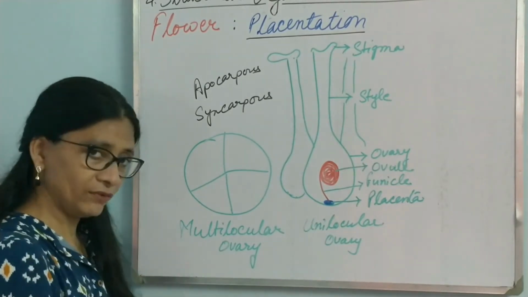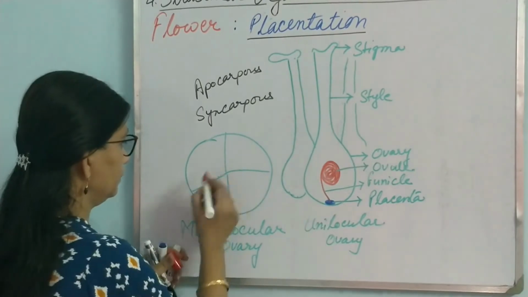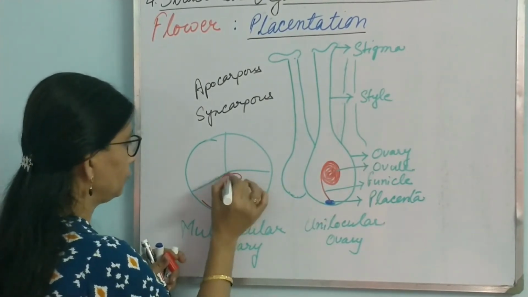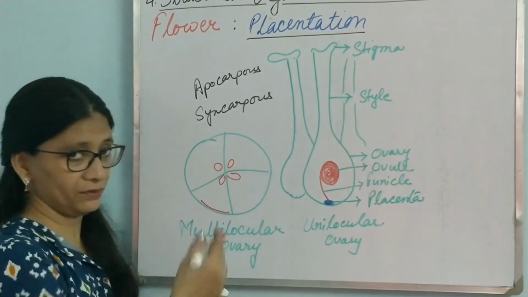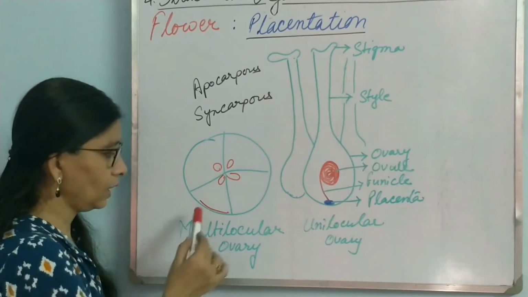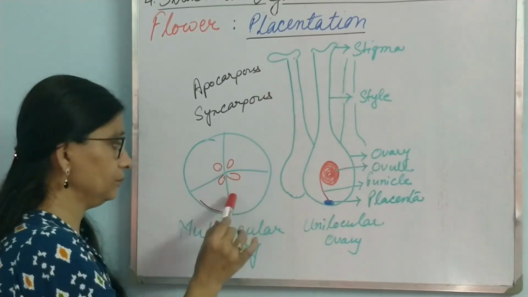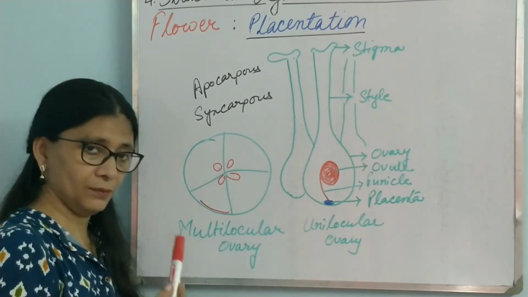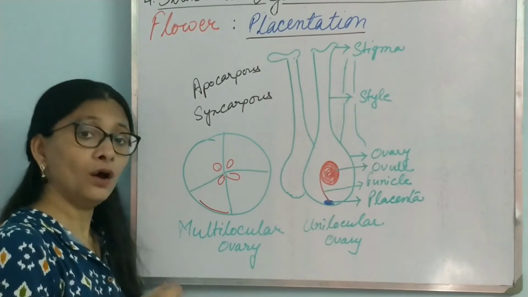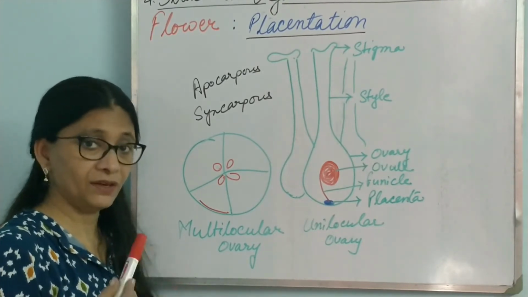Now, in case of development, the placenta will be somewhere here, either it can be here, or it can be here. So it can be anywhere, which we'll see in placentation. In a multilocular ovary, the septa might be present in the adult ovary, adult fruit, or they might be totally dissolved as development proceeds.